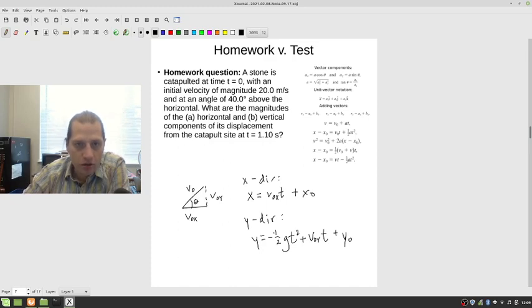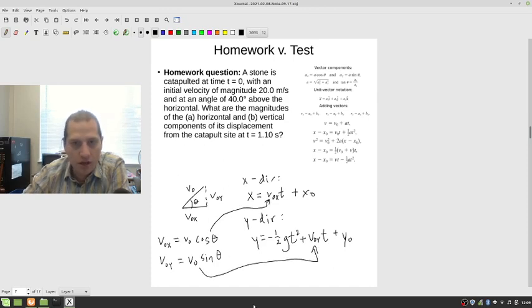Okay, so all you're doing here is you're using your v naught x. It's going to be v naught times cosine theta. Your v naught y is going to be v naught times sine of theta, and then you just stick these into your x and your y positions, and then from that you should be able to calculate where on this trajectory you are at any point in time.